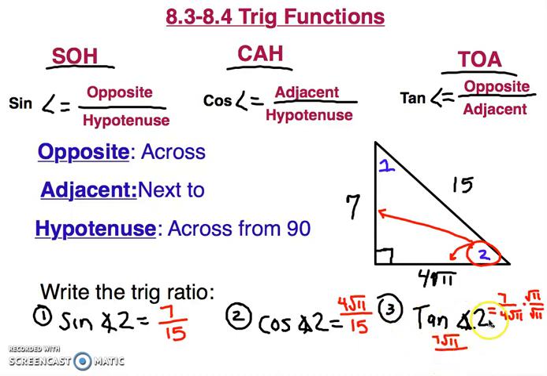Right here we have 4 times 1, which would be 4, and then square root of 11 times square root of 11 is just 11. So I'm going to write this as 4 times 11. So we'll end up having 7 square root of 11 divided by 44. And that's what our ratio would be that we would give for our answer.